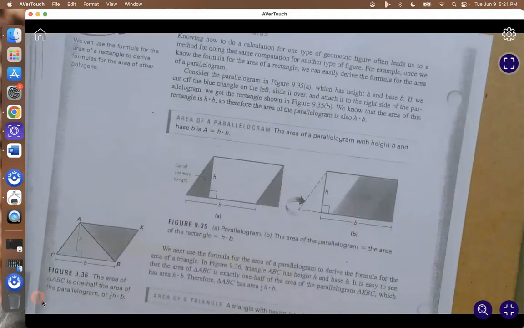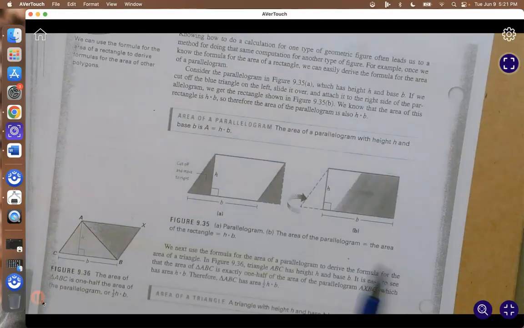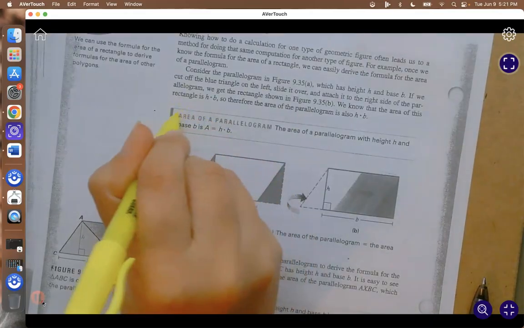Next up, we're not going to be deriving the formulas. Area of a parallelogram.